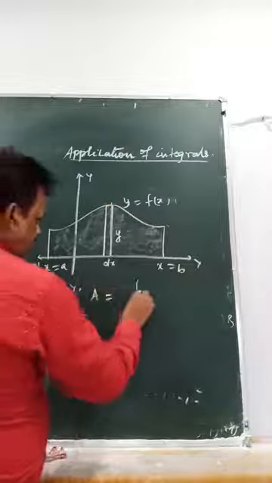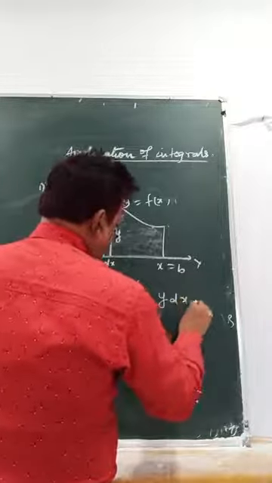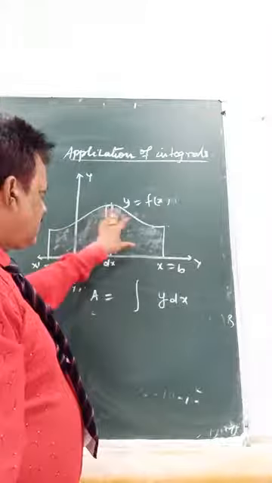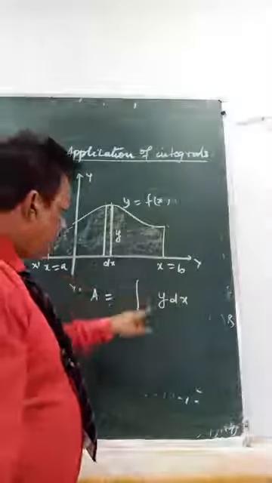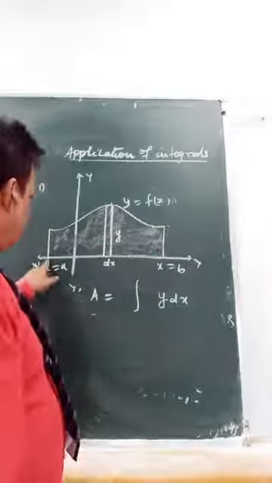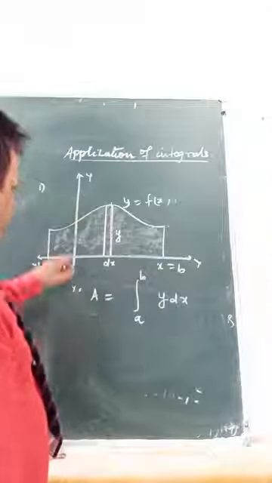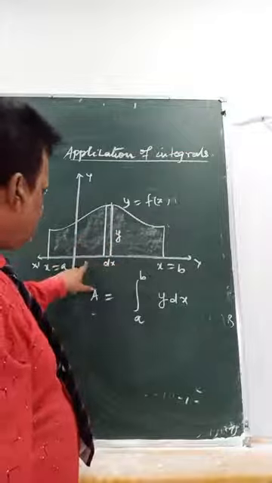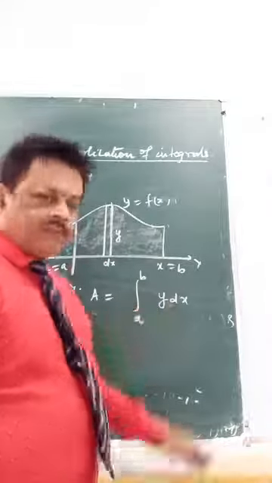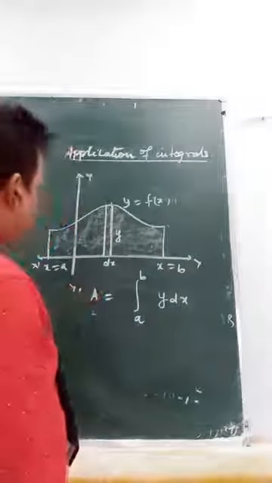Area equals to y dx, length into breadth. Now when you find the total area, you take the integration, and that integration is from lower limit to upper limit, that is a to b. That means if any curve is closed with x-axis, our formula will be lower limit to upper limit y dx. Simple.